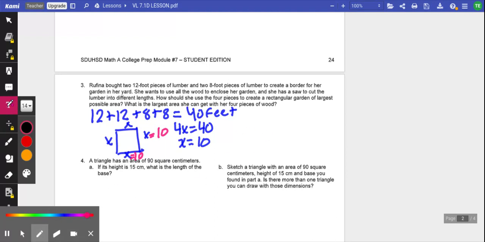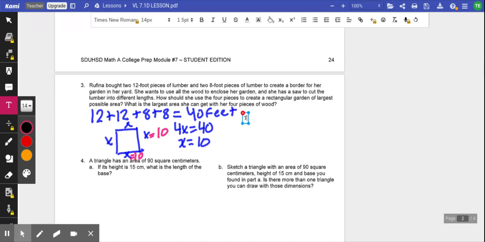Okay, so to maximize her area, she should build a 10 by 10 foot square that has an area of 100 square feet.